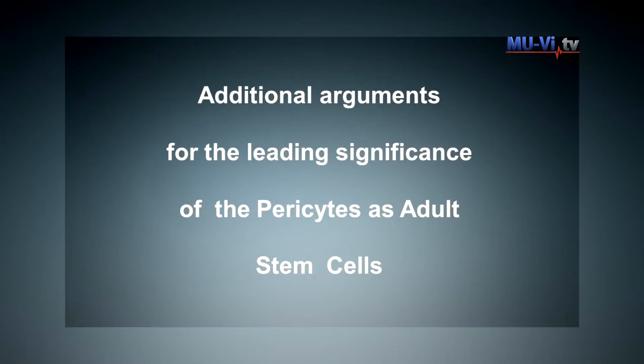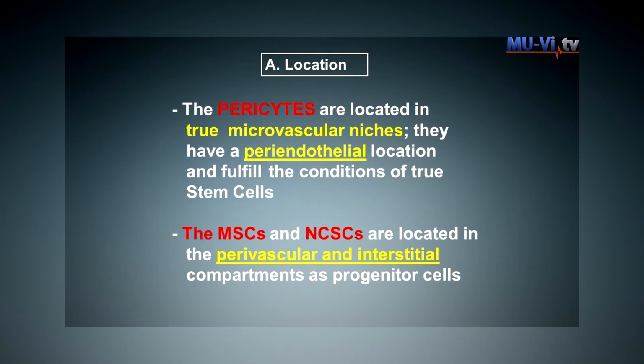new time. So, additional arguments for the leading significance of pericytes as adult stem cells, I would like to show some additional arguments for this conclusion. Firstly, the location. The pericytes are located in true microvascular niches and have a periendothelial location.